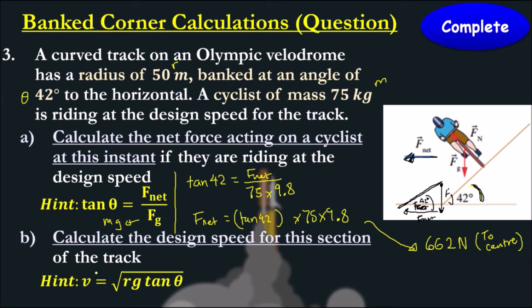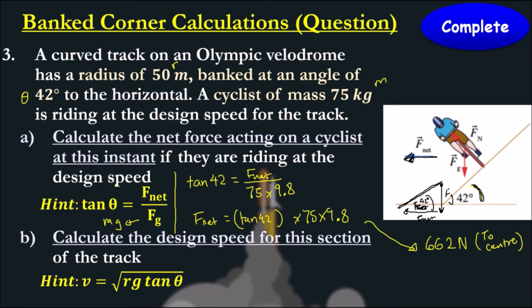Again, this is our formula that we can use to work out the design speed. But in case you're not sure how to get to this equation because it's not given to you on your data sheet, then you can try and derive the equation for yourself to get to this same point.